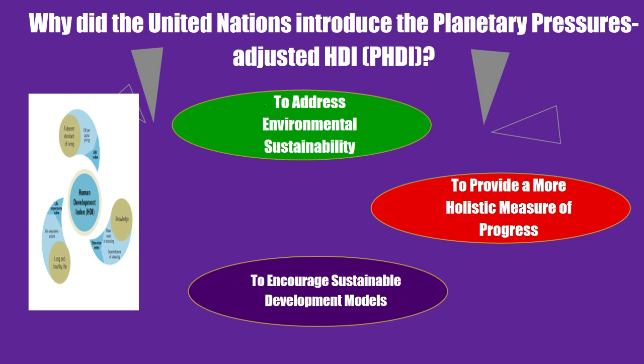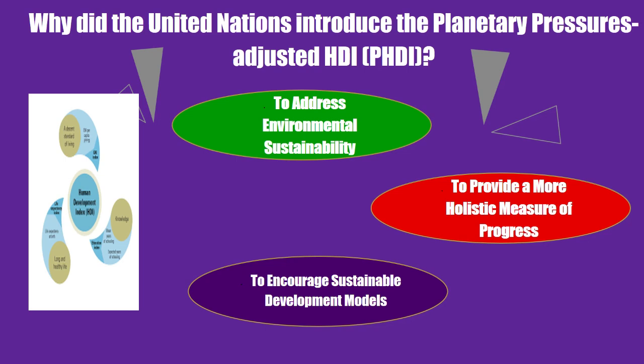It is to address the problem of environmental sustainability, to address the impacts of a high level of human development, such as carbon emissions and resource consumption. Countries like the US and Australia receive a lower PHDI ranking due to their significant carbon footprints. It provides a more holistic measure, offering a comprehensive understanding of development and balancing human well-being with environmental responsibility.